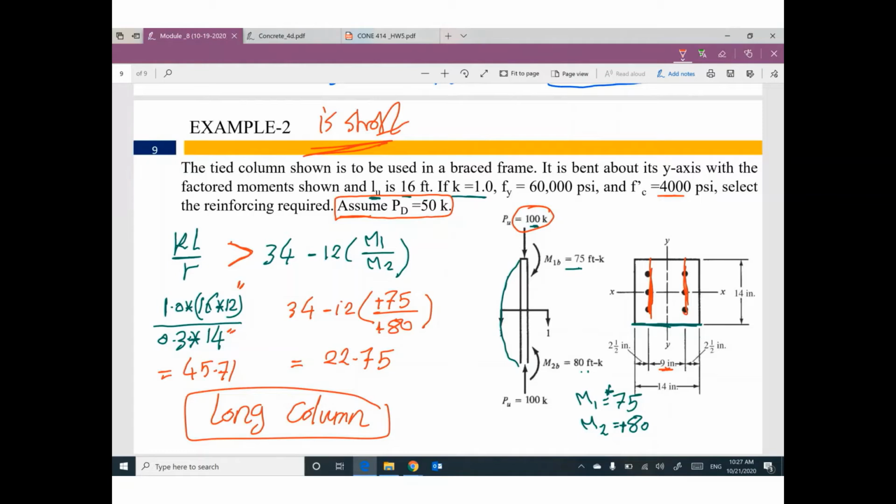You need only to say, hey, P ultimate from these values is 100, and the M ultimate, the maximum value from this one and this one, is 80. Go ahead and use the interaction diagram directly. If the column is long, we need to do some calculations first to consider the effect of buckling. That makes sense?